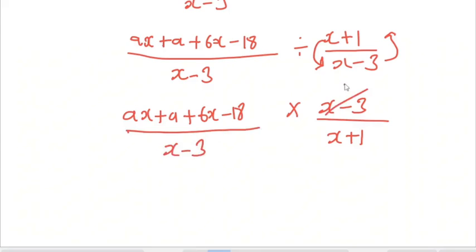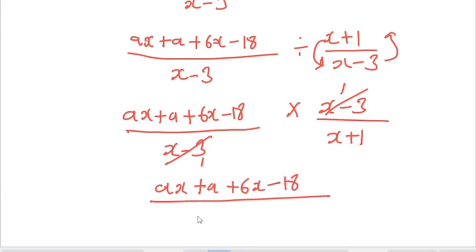We can see the x minus 3 cancels, so we just remain with ax plus a plus 6x minus 18 over x plus 1.